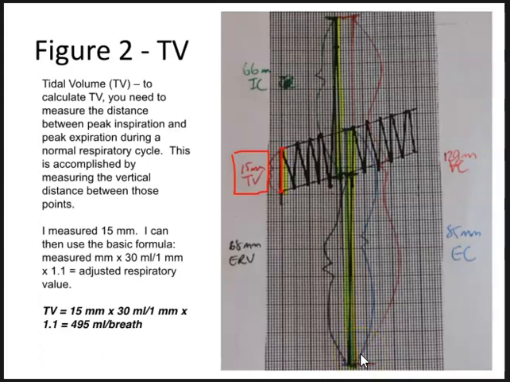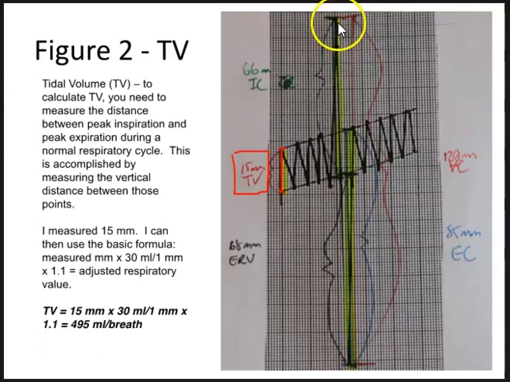So we have about 1, 2, 3, 4, 5, 6, 7, 8, 9, 10, 11, 12, 13, 14, 15, 16, 17, 18, 19, 20, 21, 22, 23, 24, 25 large boxes. So 25 times 5 is about 125.